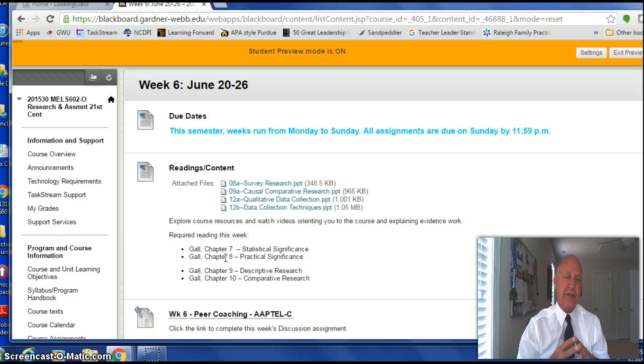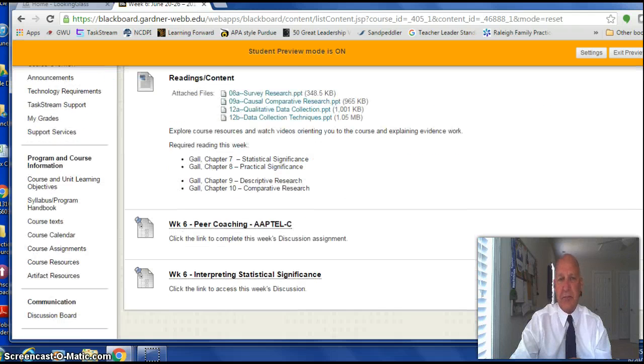You read, for instance, the algebra study that I posted for a discussion a while back. That was comparative research, comparing the effects of 6 months of algebra versus the year-long program. So again, think about these things in terms of how you might use them as a principal, reading and trying to apply the best practices.